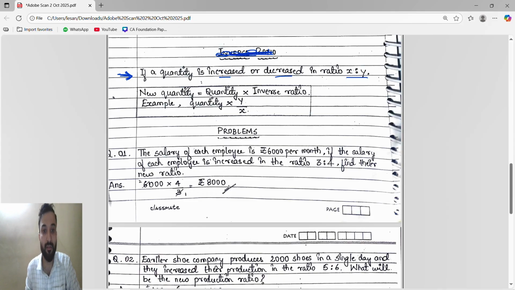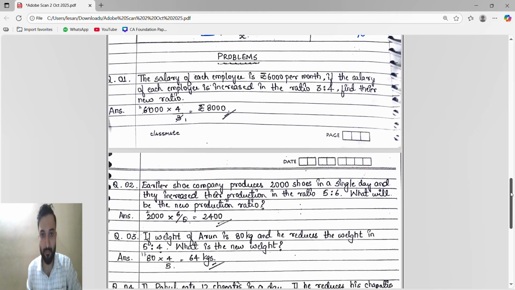The new quantity is the given quantity into the inverse ratio. Inverse ratio means, if the ratio is x by y, then the inverse is y by x. So the given quantity into y by x.